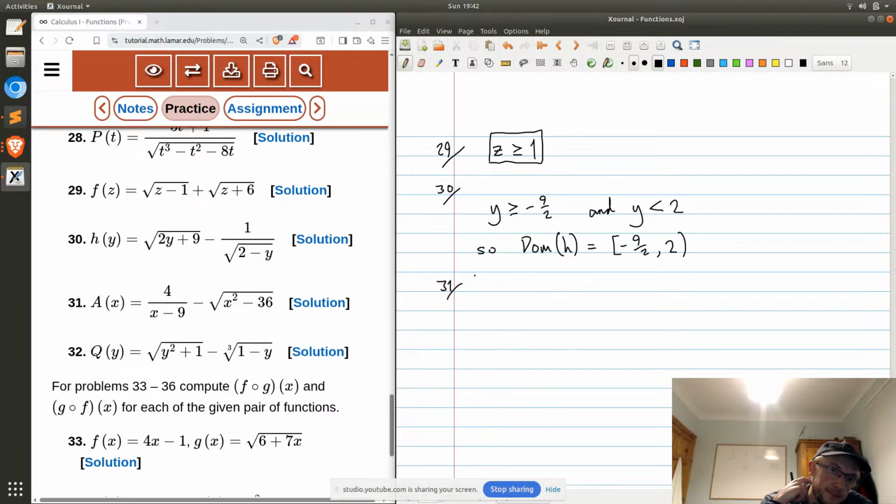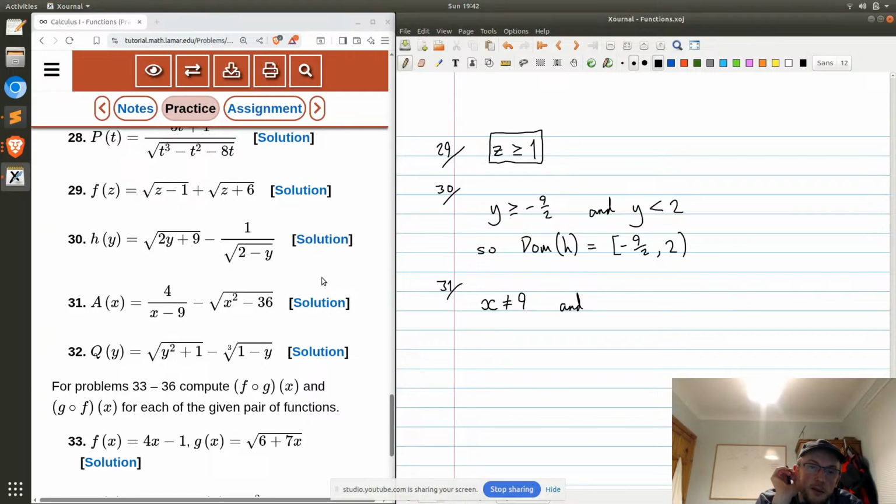Problem 31. Let's see. x may not be 9. And here, x squared minus 36 has to be greater than or equal to 0.